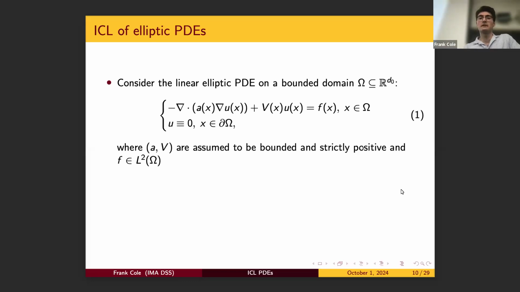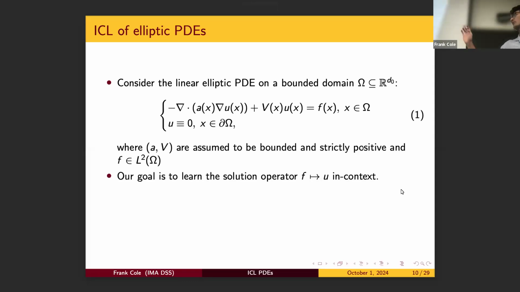I think the linear elliptic PDEs provide a good starting point for this analysis for a few reasons. It's still broad enough to consider situations of physical interest. Most commonly these PDEs are used to describe steady states of the heat equation or other parabolic equations. But they're also linear, which makes a lot of the analysis tractable. And then on the PDE side, you have the nice regularity theory.